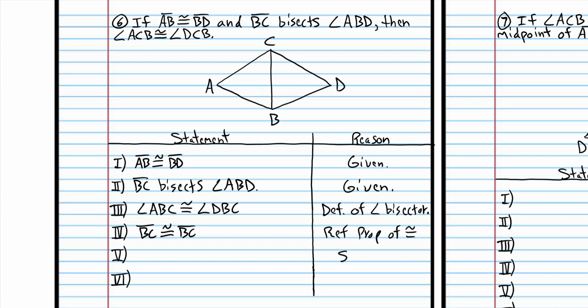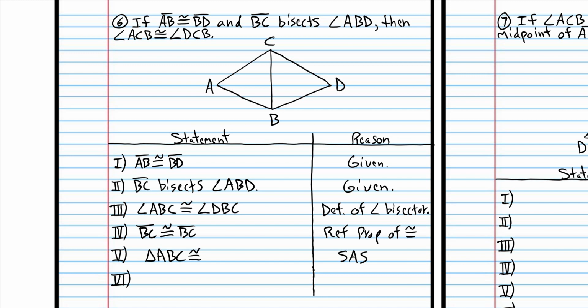So we'll write SAS and triangle ABC. I always try to use ABC, so if you want to work along with me, then always try to use ABC if you can, instead of BAC or CAB and so forth.